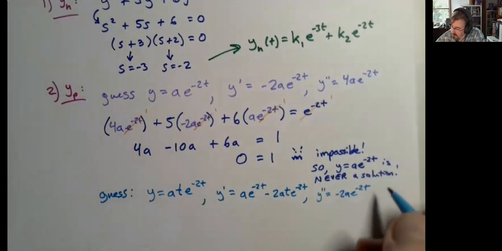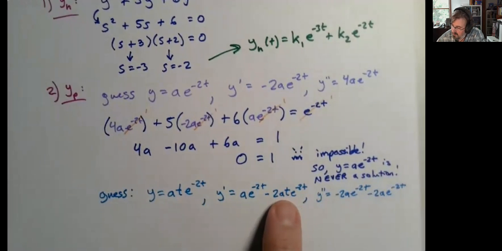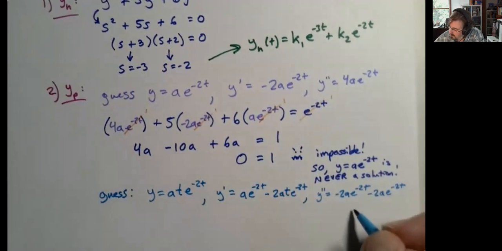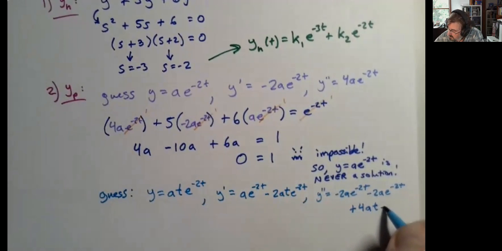The next term is going to be minus 2a e to the minus 2t. And then I'm going to have negative 2at times the derivative of that, which is going to give me plus 4at times e to the minus 2t.